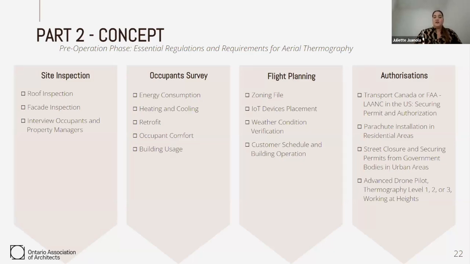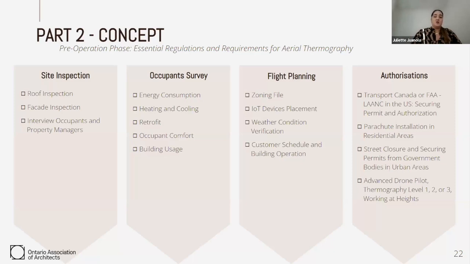The occupant survey is really there to collect data about what is happening inside the building and how it functions, what its occupants' needs are, to gain more understanding about the building. It involves the energy consumption of the building envelope, the heating and cooling systems, whether previous retrofits were performed, and whether the occupants and property managers are happy with these retrofits.